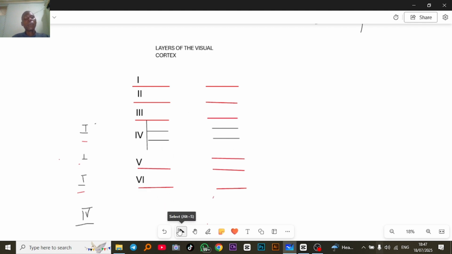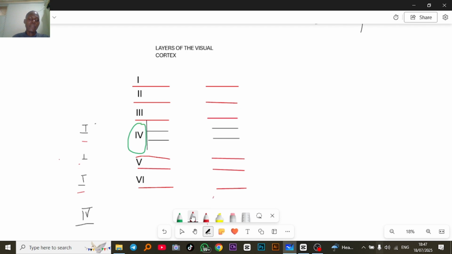However, most of these optic radiations, which we also call the geniculocalcarine tracts, will terminate in layer 4. If you look at this, layer 4 is here. The way I've drawn these layers, you can see that layer 4 is unique in that it has divisions which are in black.